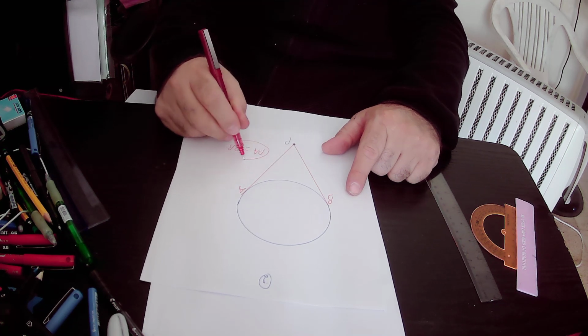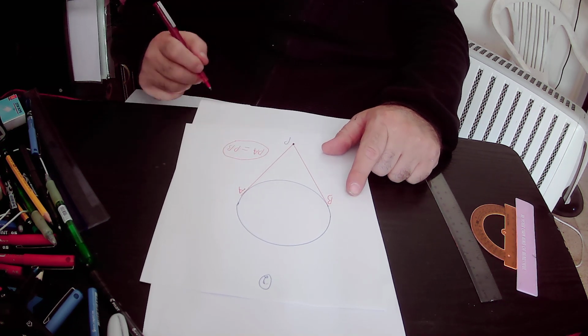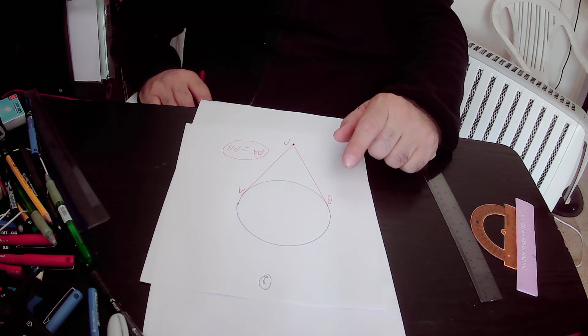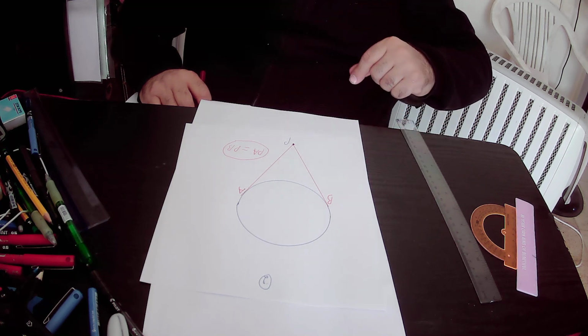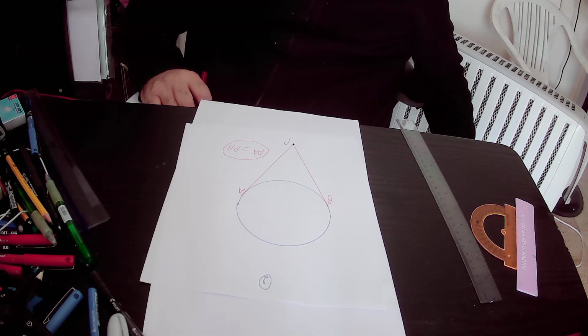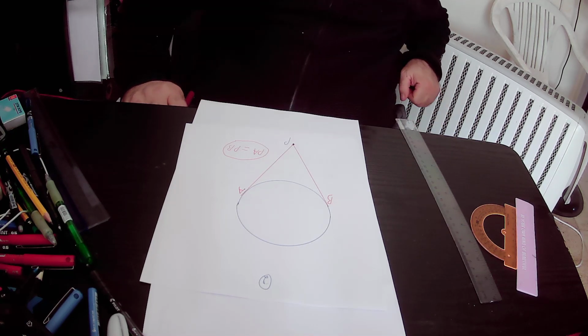So whenever you draw two tangents to a circle from an external point, then the length of those two tangents will be equal to each other, that is to say PA equals PB.